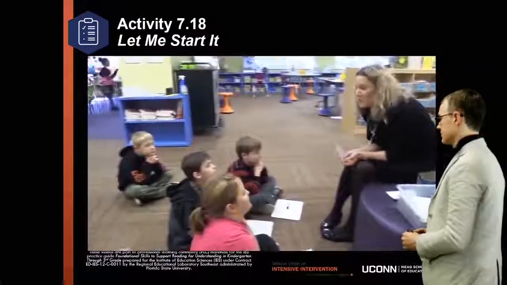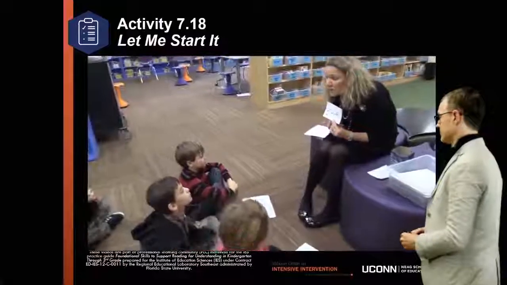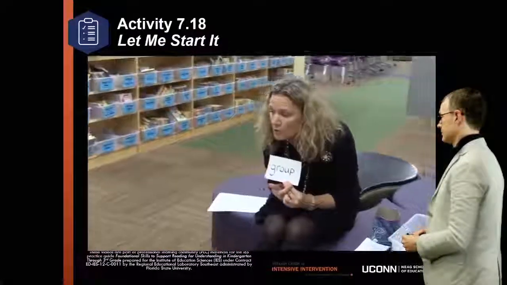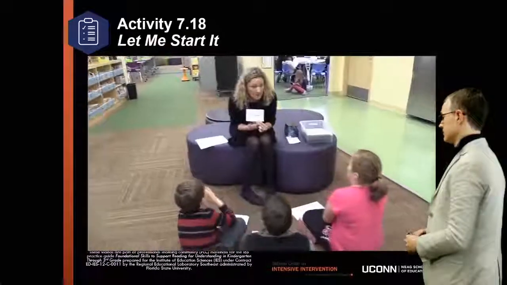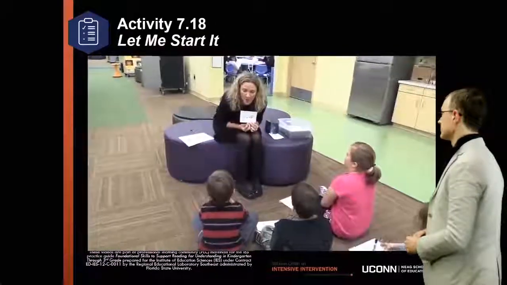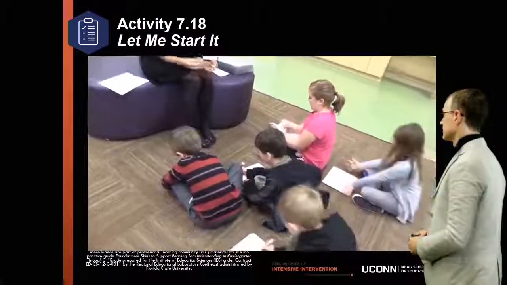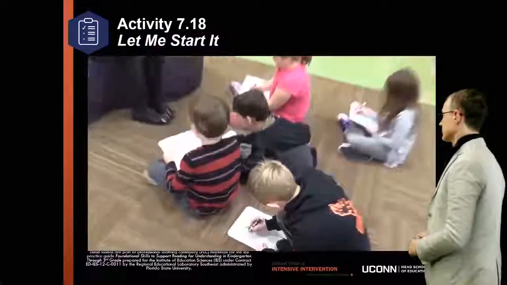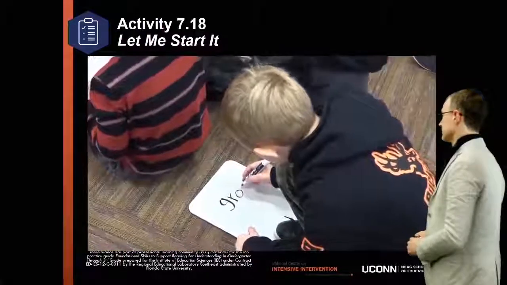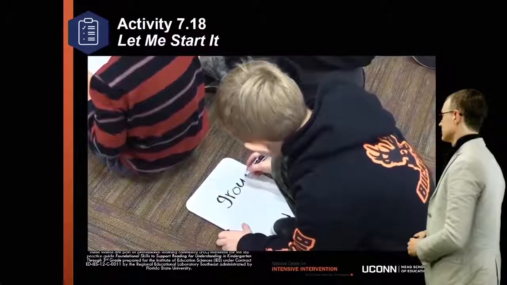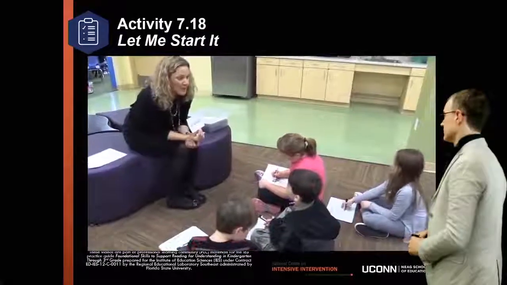So today we're going to learn two new words. So the first word is group. What's the word? Group. Spell group. G-R-O-U-P. Group. Write group on your whiteboards. What's the word you just spelled?